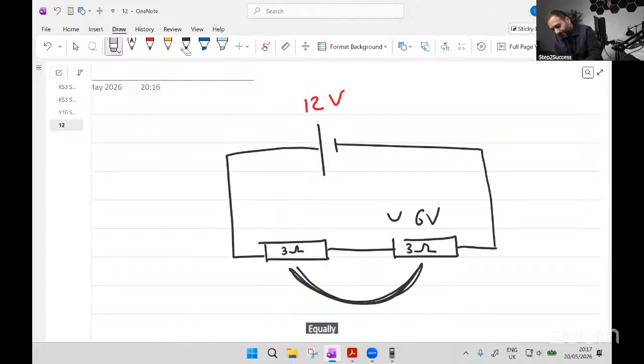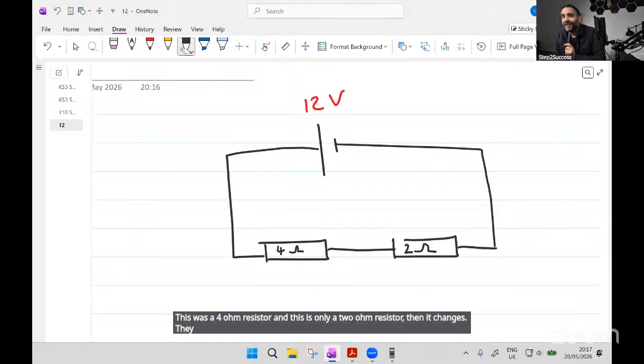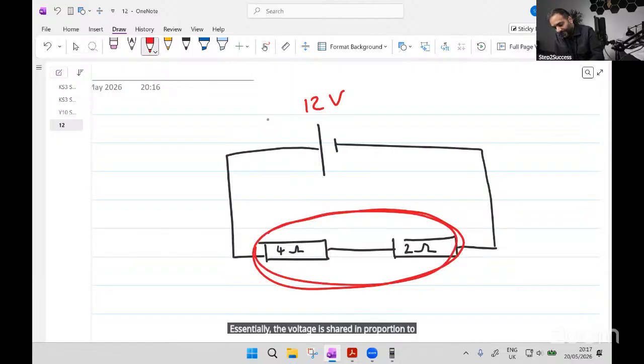But if this was a 4 ohm resistor and this is only a 2 ohm resistor, then it changes. They don't split it equally. Essentially, the voltage is shared in proportion to the total resistance of the circuit.